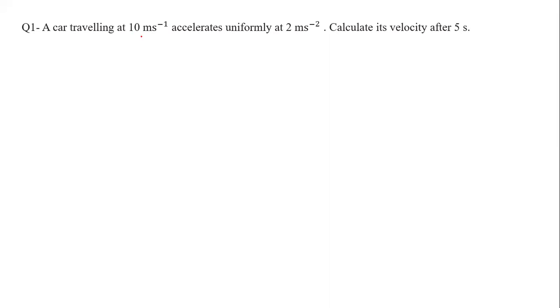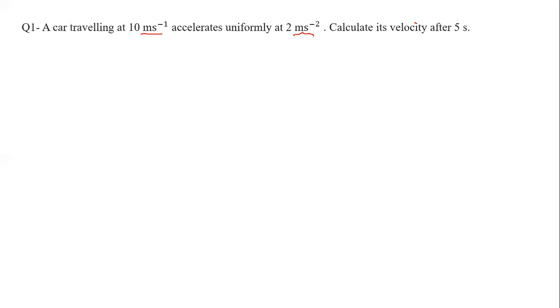One thing you have to remember is that with the help of units, you can define which physical quantity they are talking about. ms^-1 is the unit for velocity, and ms^-2 is the unit for acceleration.